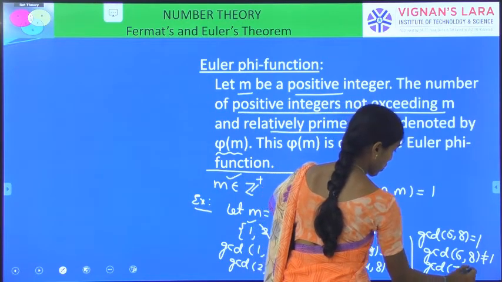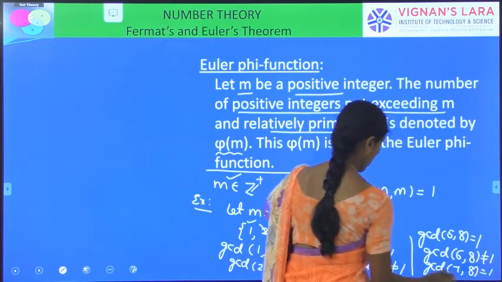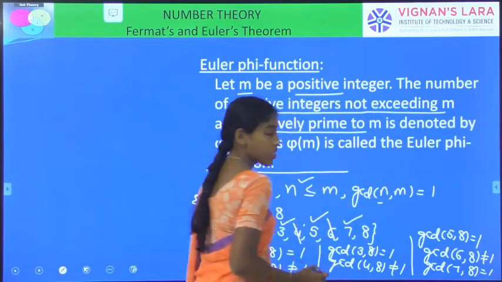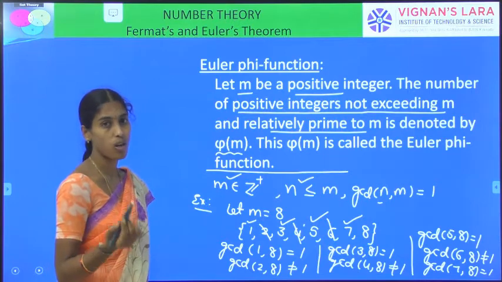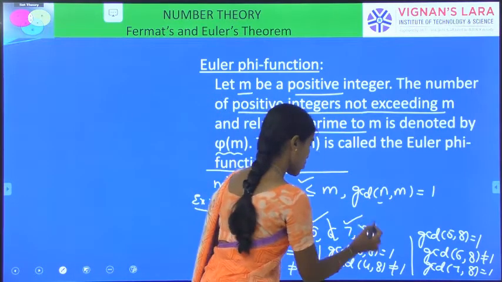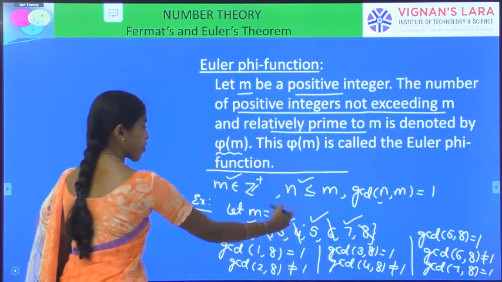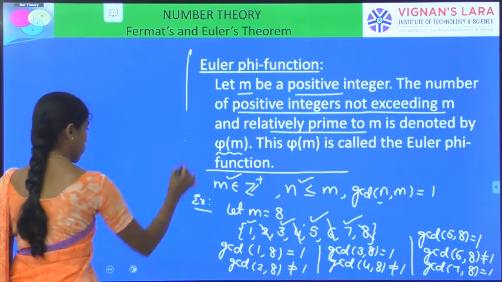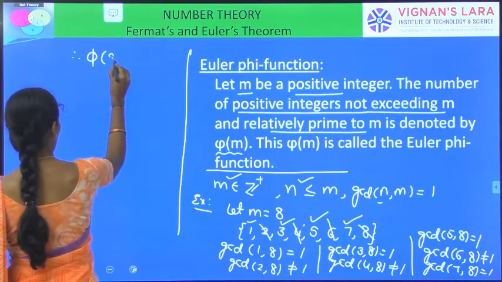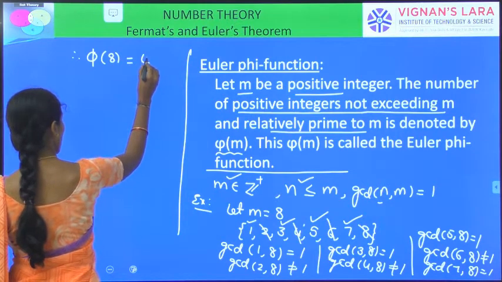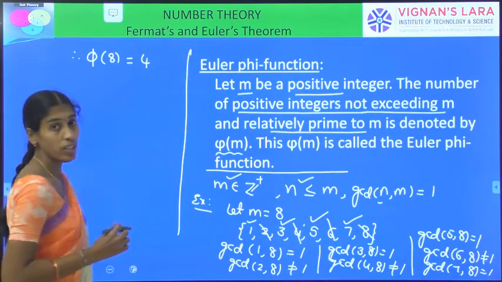GCD of 7 comma 8 is equal to 1. It satisfies. Similarly, if we check GCD of 8 comma 8, which is 8, it does not satisfy. How many such type of numbers are there? We have 4. Therefore, we can write Euler phi function of 8 value is 4, right?